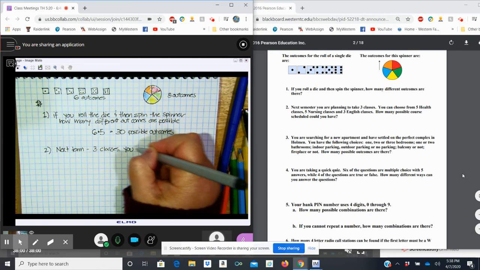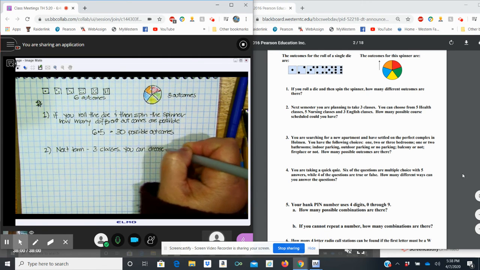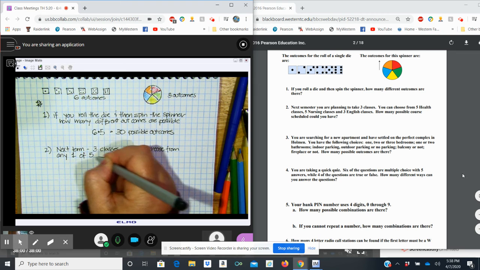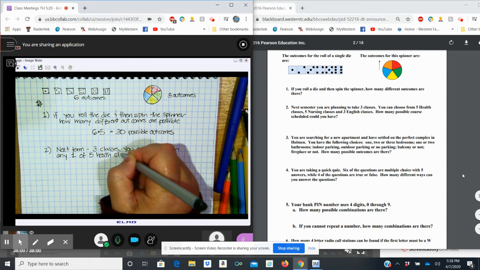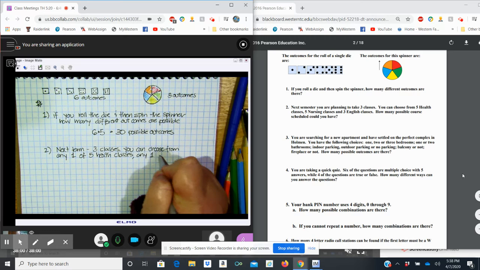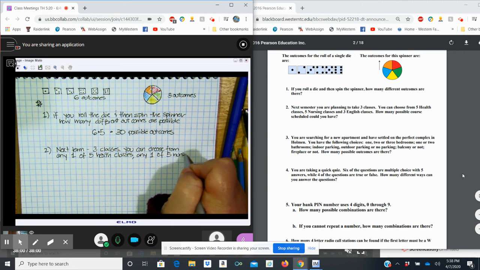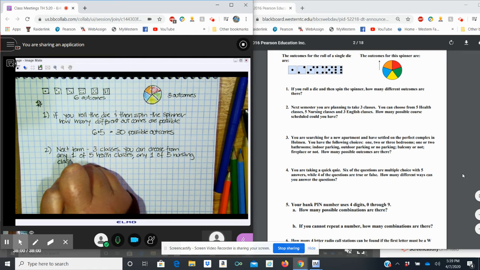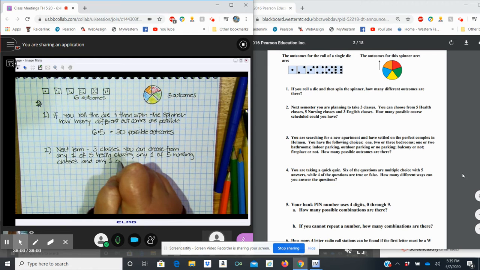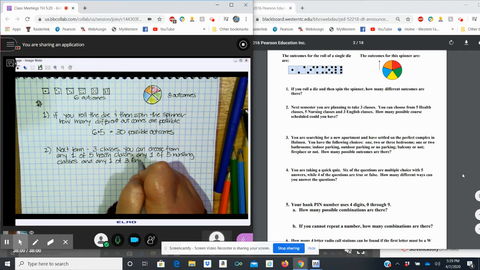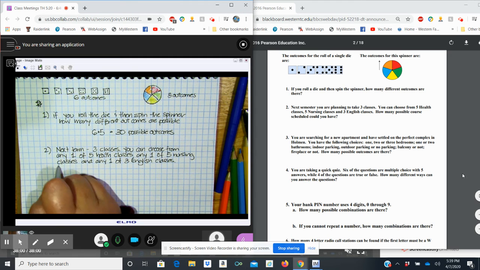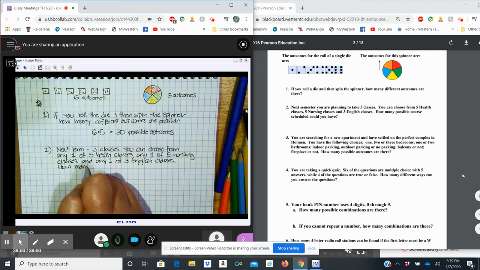You can choose from any one of 5 health-related classes, any one of 5 nursing classes, and any one of 3 English classes. How many possible combinations?